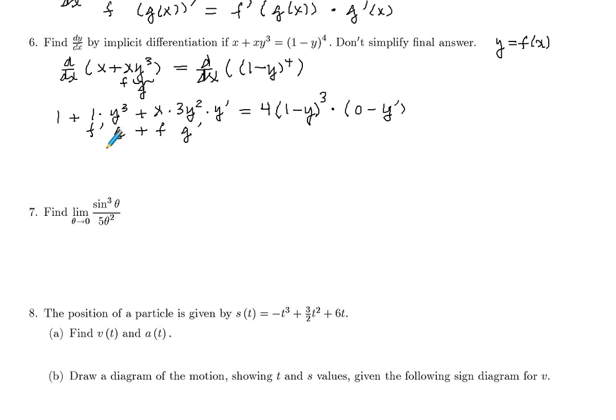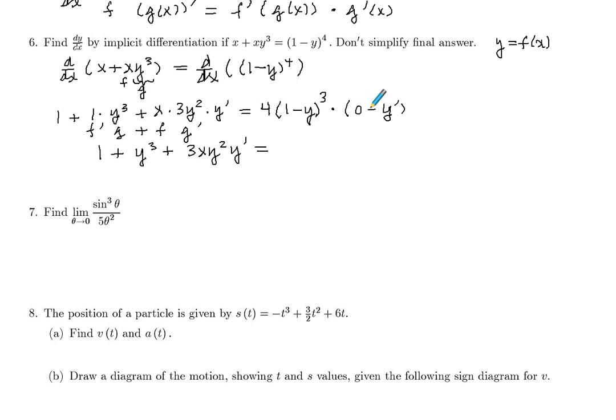So 1 plus y cubed here. Yeah, 1 plus, we don't need 1 times y cubed is y cubed. So 1 plus y cubed. And then plus, why don't we write this as 3xy squared times y prime? So 3xy squared y prime equals, and let's go ahead and simplify over here a little bit.